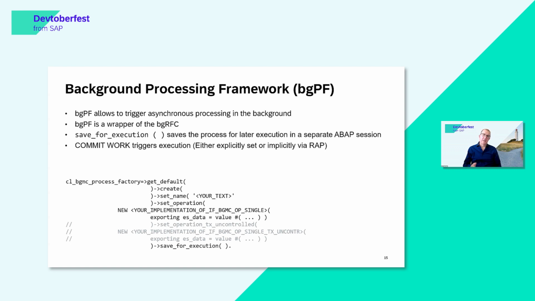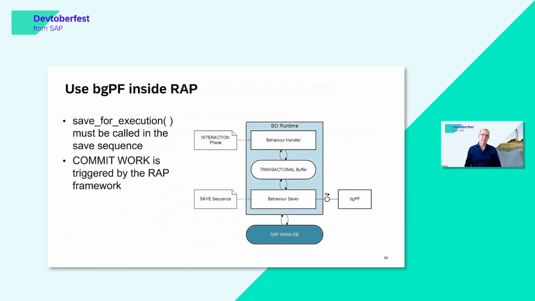That means this commit work can either be started explicitly, if you do that via a class, or if you do it from within the RAP framework, this commit work is implicitly performed by the RAP framework after the data has successfully been saved. So we have now two use cases. One is to use the background processing framework inside RAP.